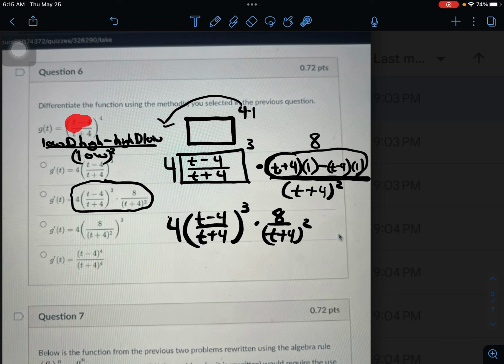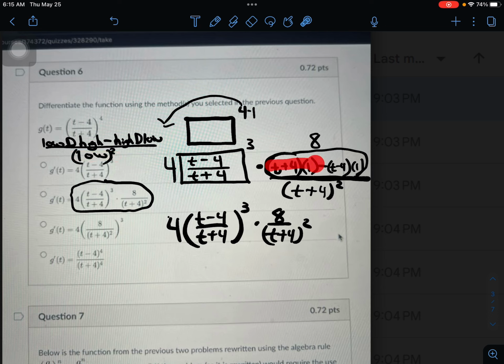So I had to take the derivative of this stuff right here. And that was the quotient rule, which was low, bottom, times the derivative of the top, minus top, times the derivative of the bottom. That's where this came from. All over low squared, which is the bottom squared.